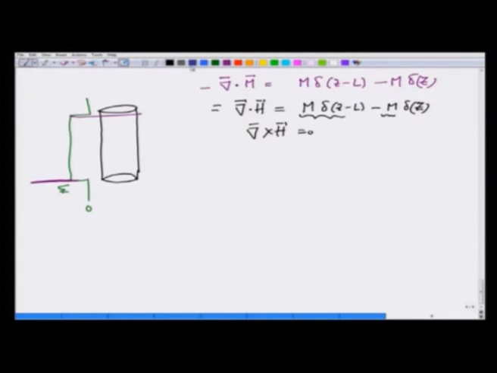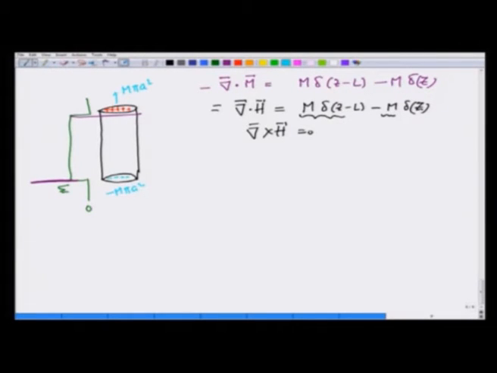So, what I have here is as if the upper surface of this bar magnet has positive magnetic charge, if you like, and negative on the lower side. The amount of this charge is going to be M pi a square, minus M pi a square.